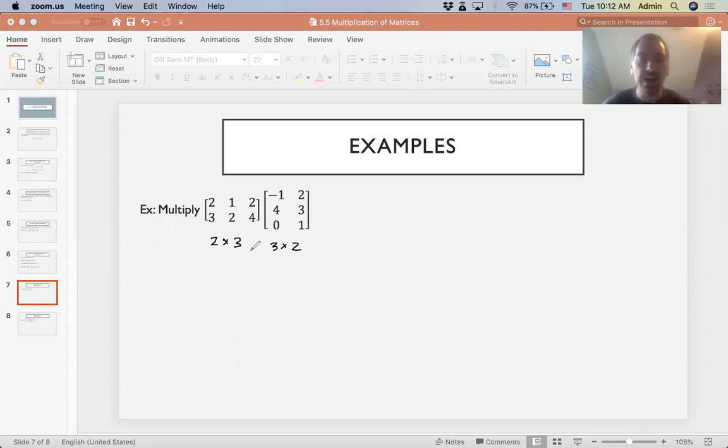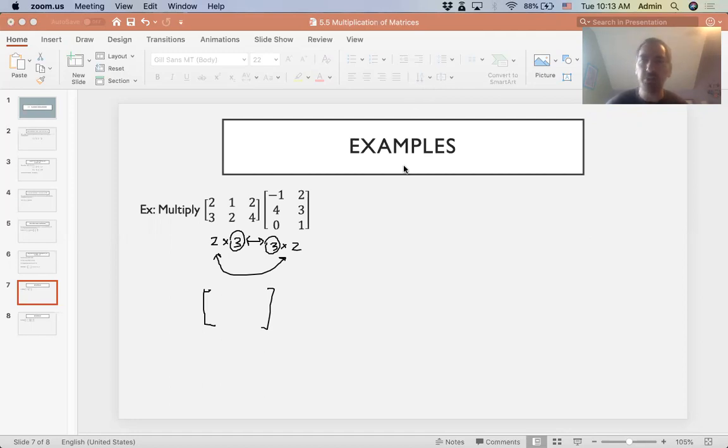So we have this 3 by 2 matrix, and so can we multiply these? The number of columns of the first matrix is the same as the number of rows of the second matrix. So yes, and the resulting matrix will be a 2 by 2. So we're going to have 4 entries in this.